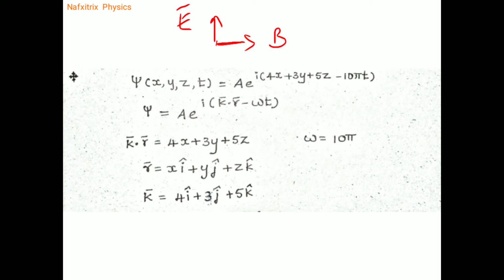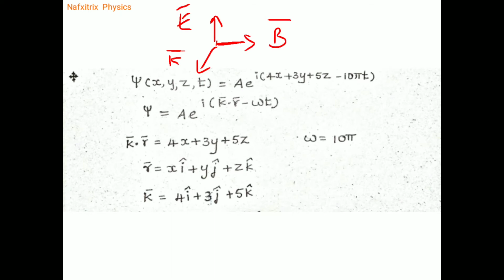The wave would be propagated perpendicular to both of them, towards us. This is the direction of propagation of the wave, which is given by a wave vector.